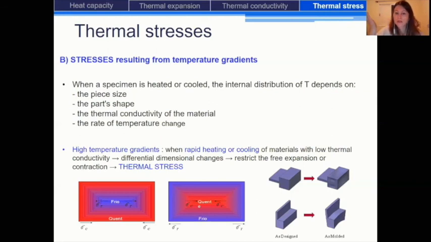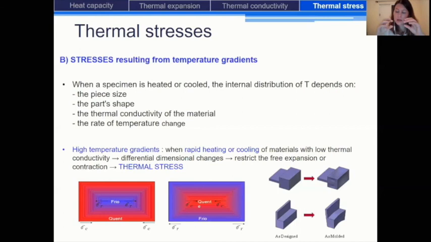And in the case the material has a low thermal conductivity, it will take time to have the transfer of heat from the hotter parts of the piece, which are on the surface, to the internal, colder part of the piece.